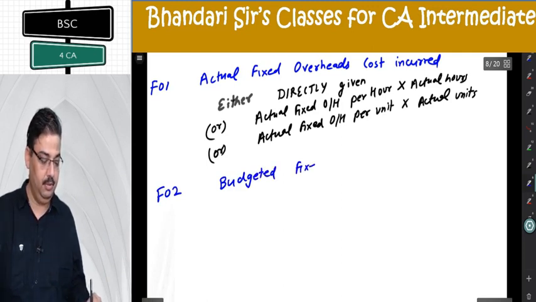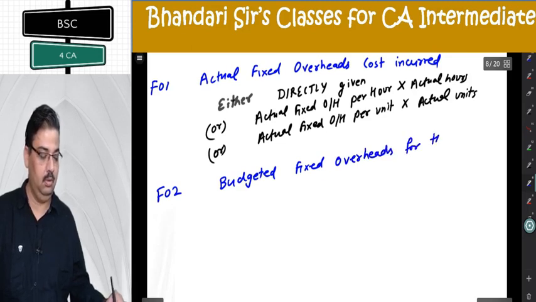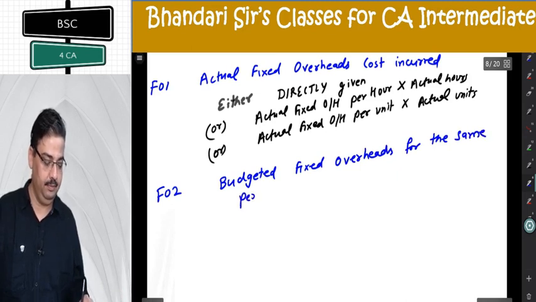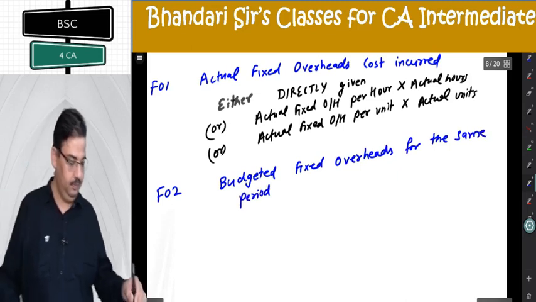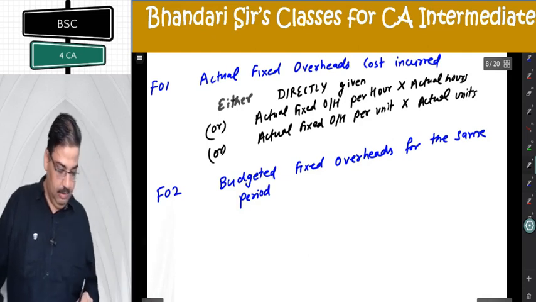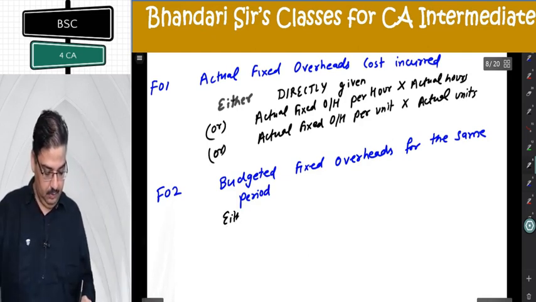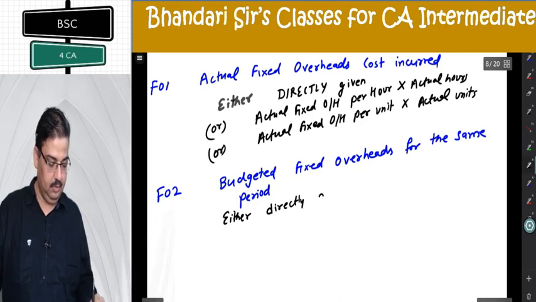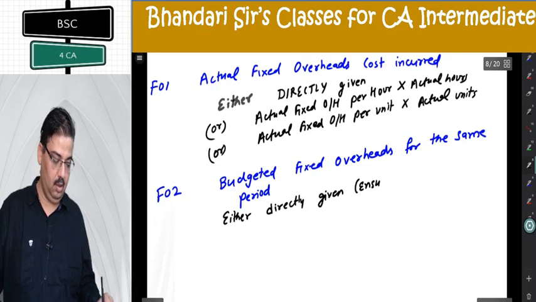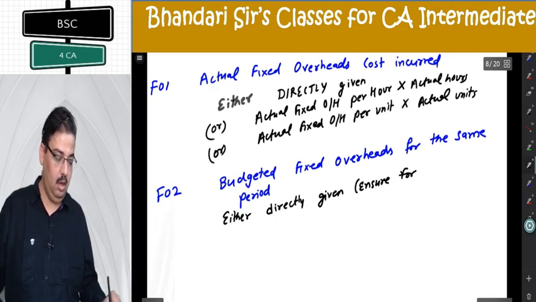Budgeted fixed overheads for the same period. Similar, either directly given, ensure for same period.